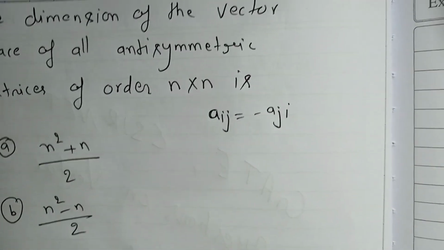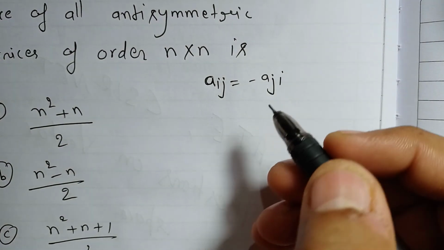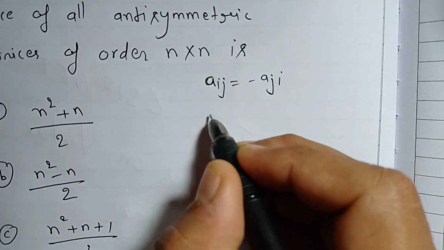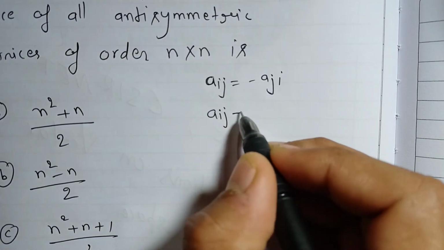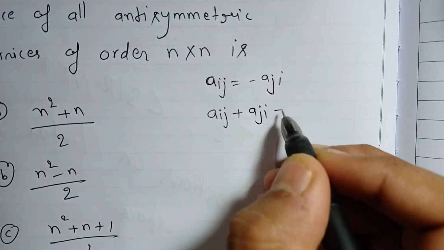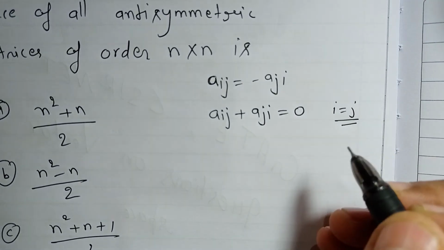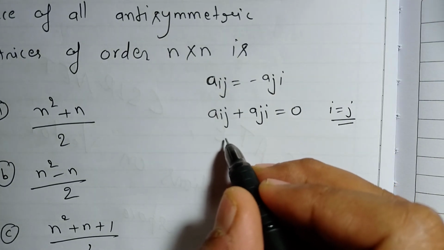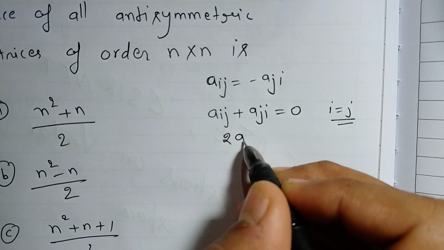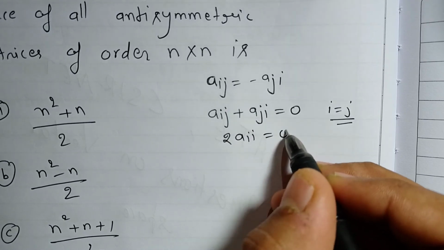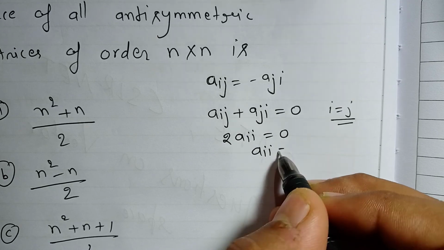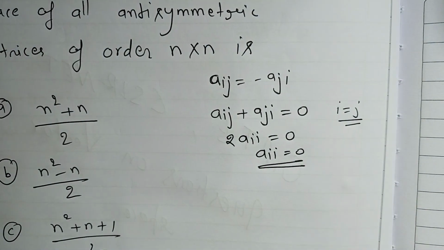If you add Aij plus Aji equal to 0, and if i equal to j, if you take the diagonal elements, what we get? We get 2Aii equal to 0, Aii equal to 0. So for antisymmetric matrix, all the diagonal entries are 0.